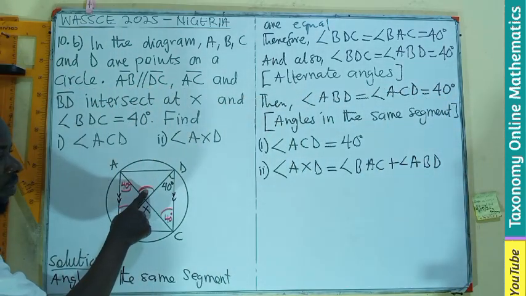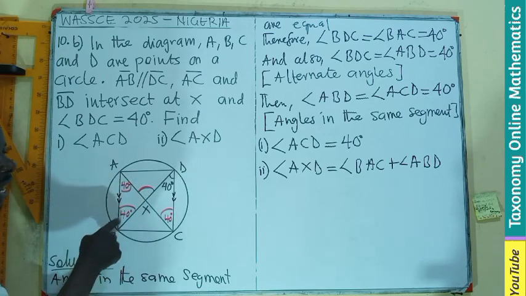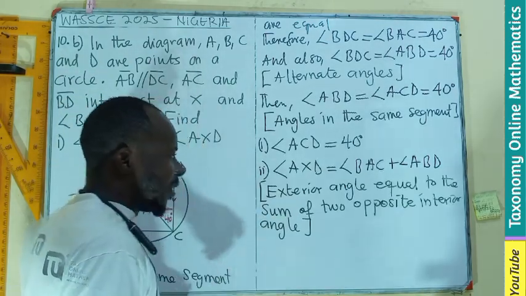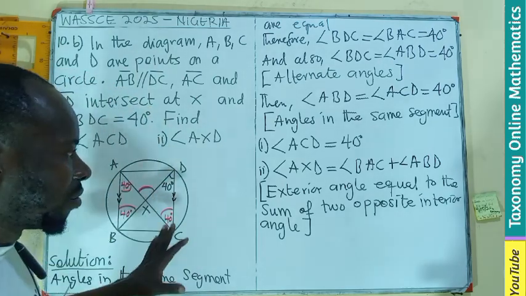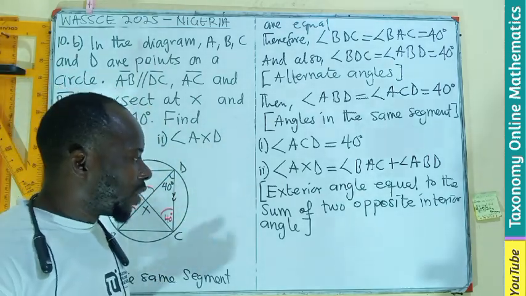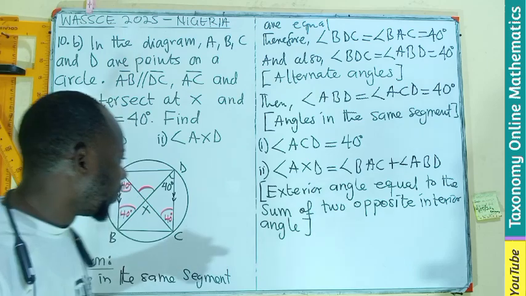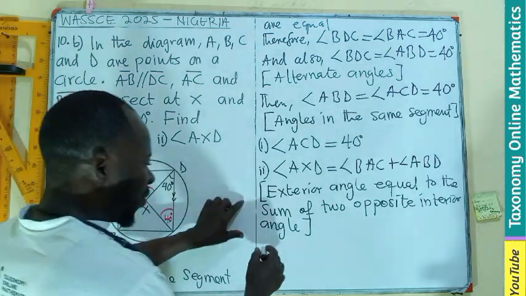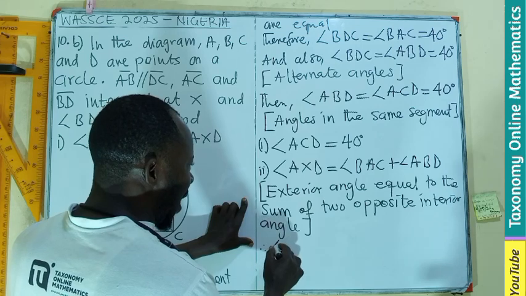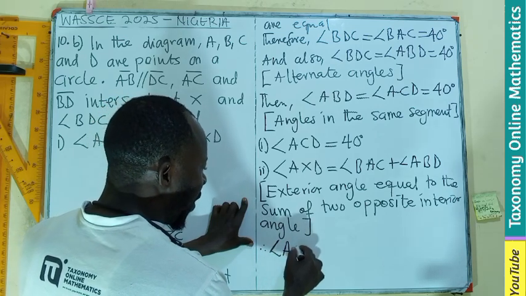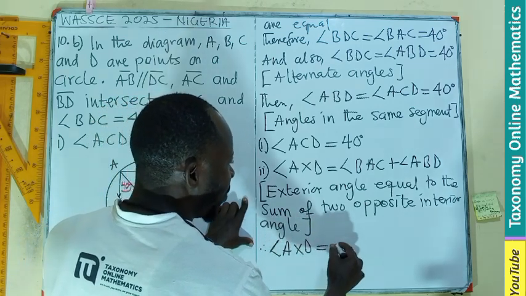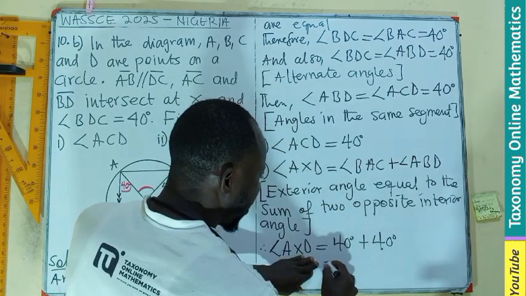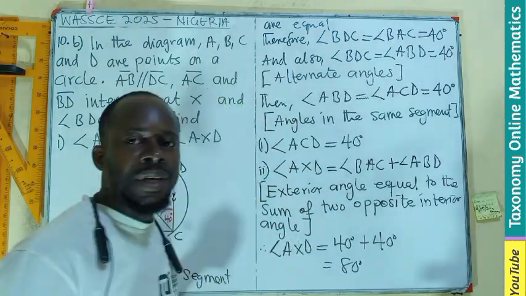This is an exterior angle equals to this and this. The property is that the exterior angle of a triangle is equal to the sum of the two opposite interior angles. So this is equal to this and this in there. So therefore, we can say the angle AXD equals 40 degrees plus 40 degrees, equals 80 degrees.